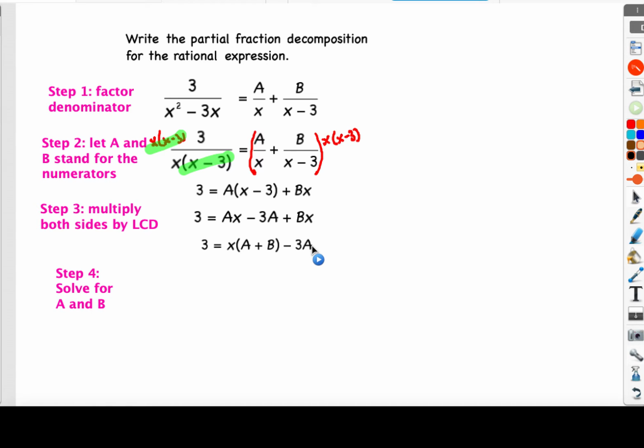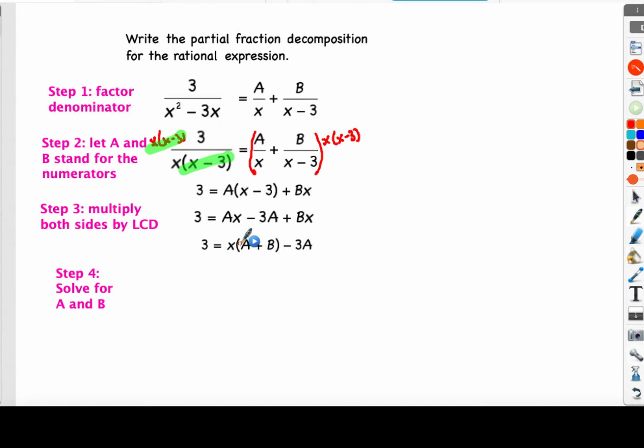Now here's the really tricky move. Here's what usually throws people off. On the right, I have a linear function. If I knew what a and b were, if I knew their values, really I've got a linear term, x times a constant, and I've got a constant term. If I knew what a was, this would just be a number.